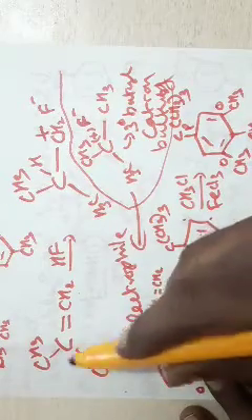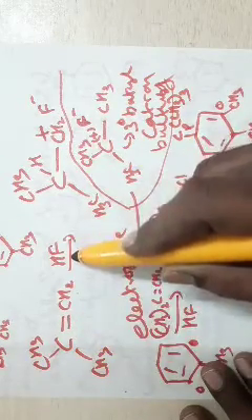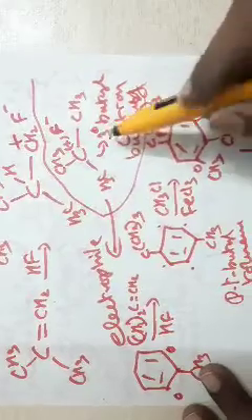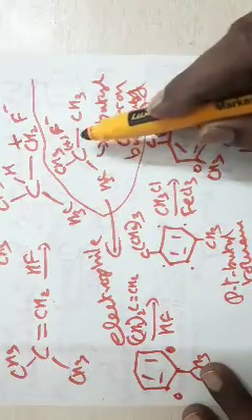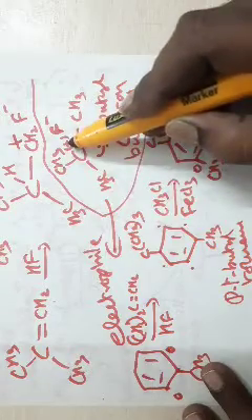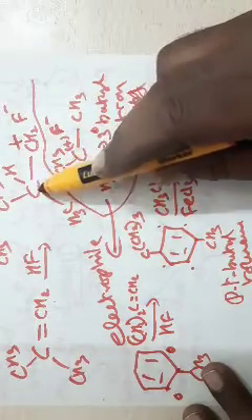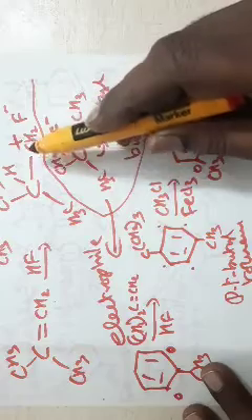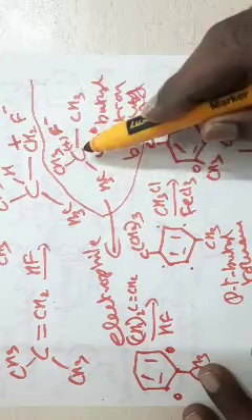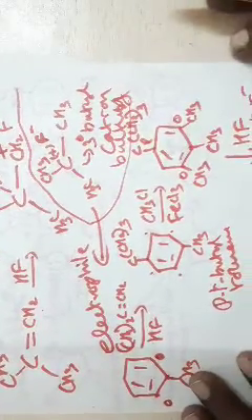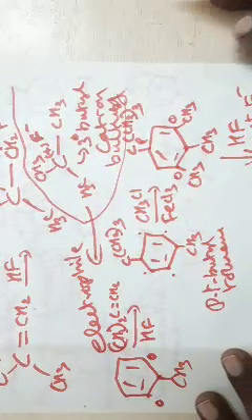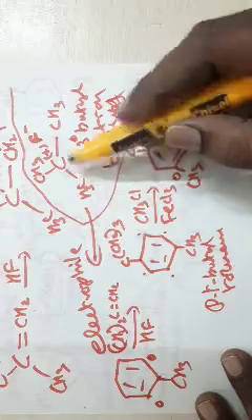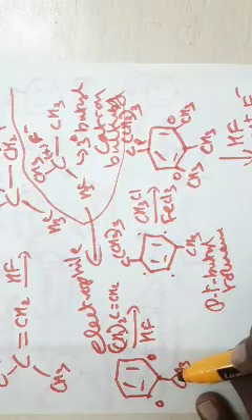See, isobutene, when it is treated with hydrofluoric acid, gives the tertiary butyl cation. Compared to the other cations, this one is the most stable, so this will be a stable electrophile.